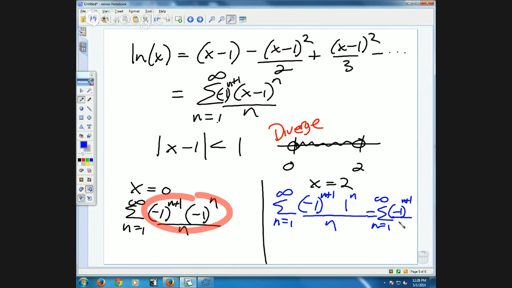It looks like the alternating harmonic series: 1 minus 1/2 plus 1/3 minus 1/4. What do we know about the alternating harmonic series? Why does it converge? The alternating series test should tell us it converges. So let's check it out just to make sure.